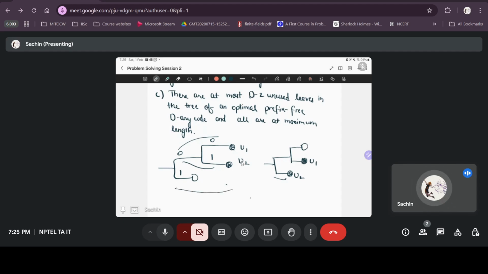So if there is an unused leaf that is not at maximum length, you can take a message which has been assigned a maximum length code word and assign the unused leaf as its code word.